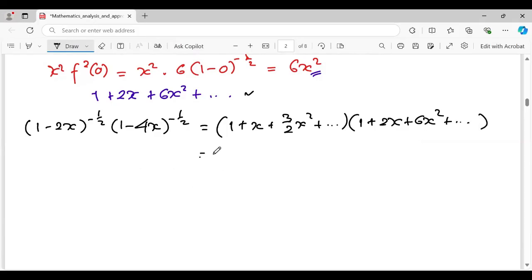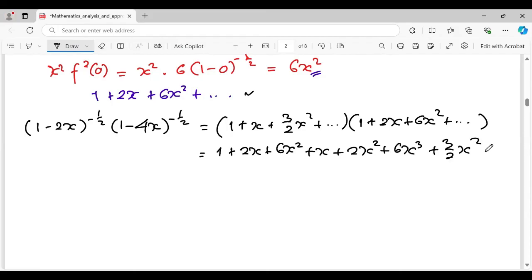And then if you multiply, it becomes 1 plus 2x plus 6x squared plus x plus 2x squared plus 6x cubed plus 3 half x squared plus so on, and becomes 1 plus 3x plus 19 over 2 x squared, because 6, 2, and 3 half.